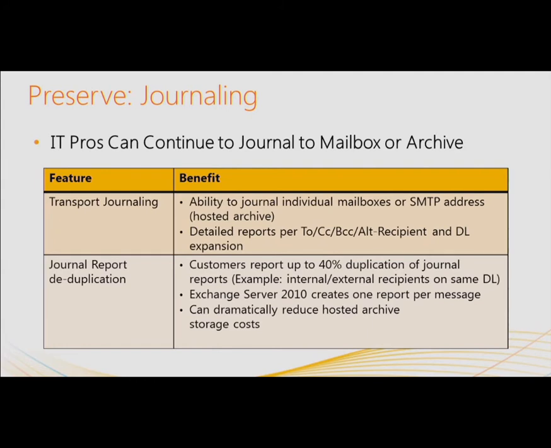When we say we support journaling in the cloud, it means that we can journal messages that the customer is receiving in Exchange Online outside of the Exchange Online system. So if they have an archiving system on premise or in the cloud somewhere, third party, we can journal messages to that. But what you cannot do is journal messages back into the Exchange Online system to another mailbox. That's not supported.